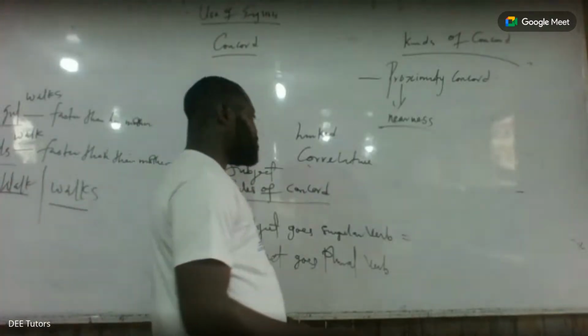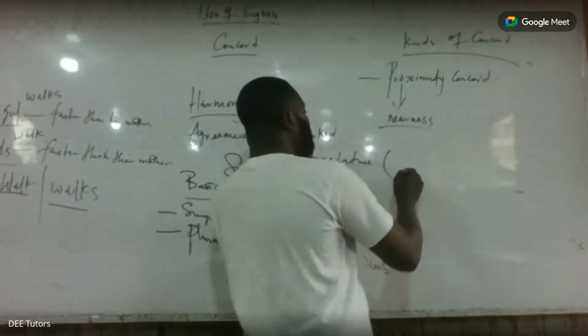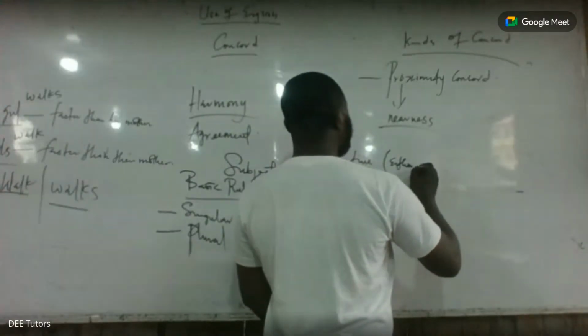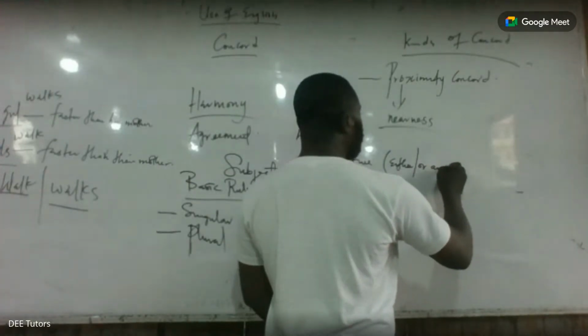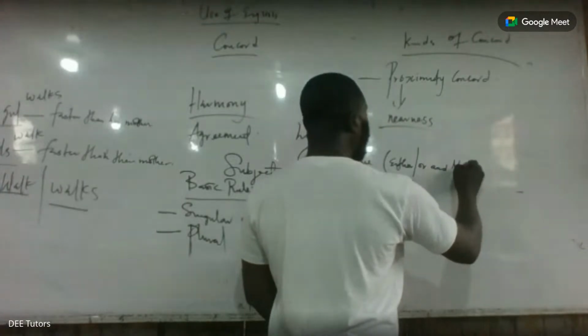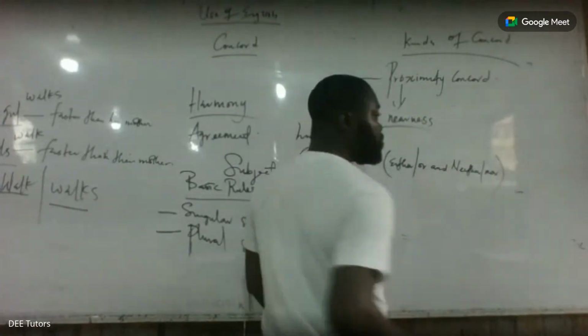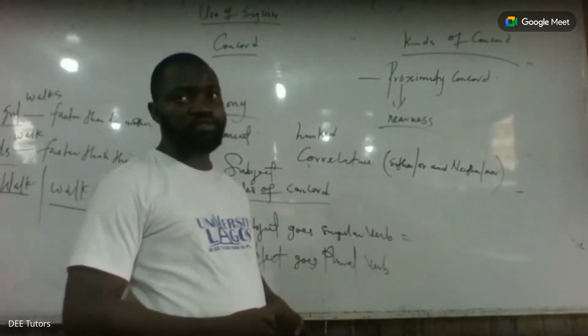Open a bracket after that conjunction. In that bracket, put either slash or, and neither slash nor. So those are the examples of correlative conjunction.